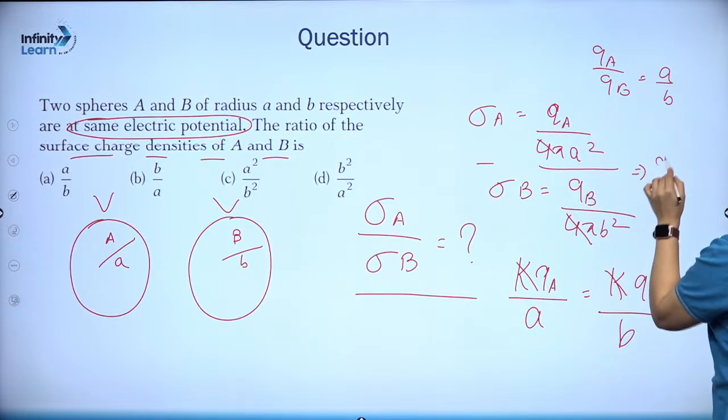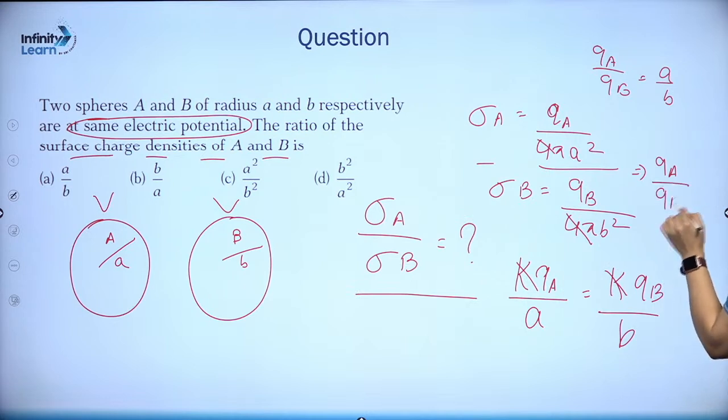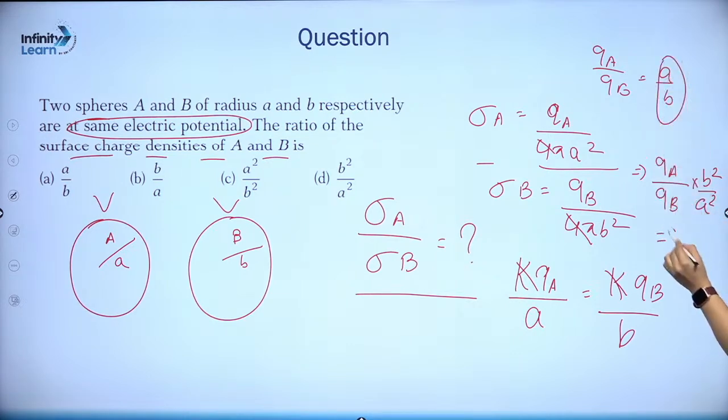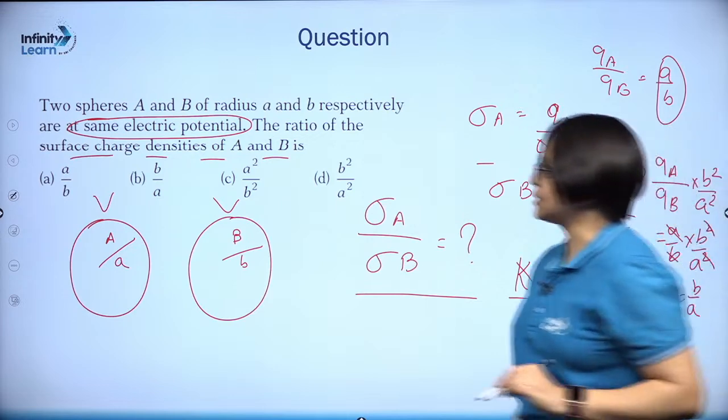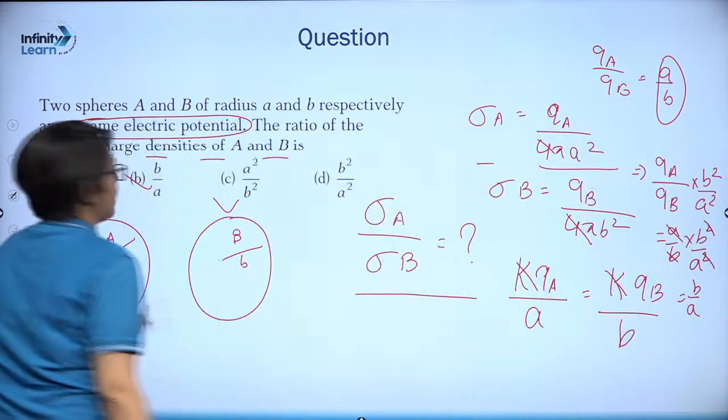So basically this is QA upon QB into B square upon A square, whereas QA upon QB is A upon B. Put it here. So it is A upon B into B square upon A square. Cancel, cancel, cancel, cancel. So we have B upon A, right? So yes, the ratio is B upon A.